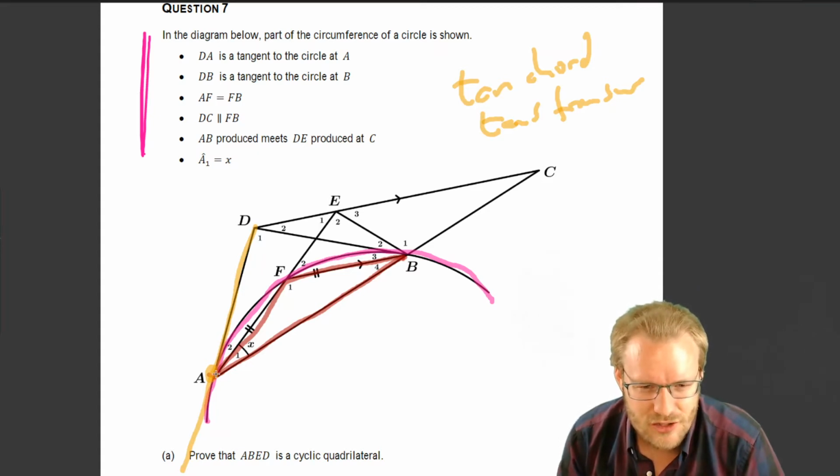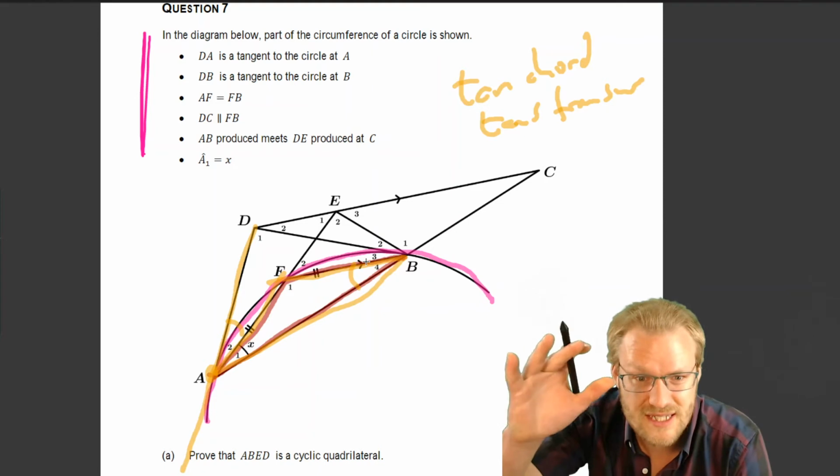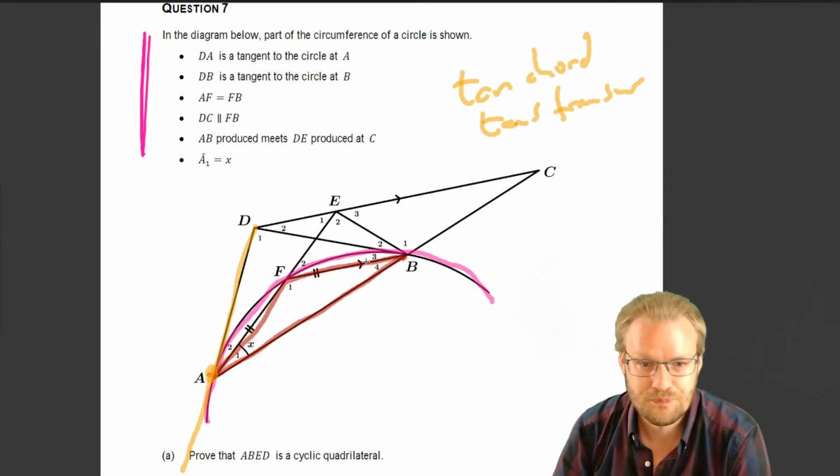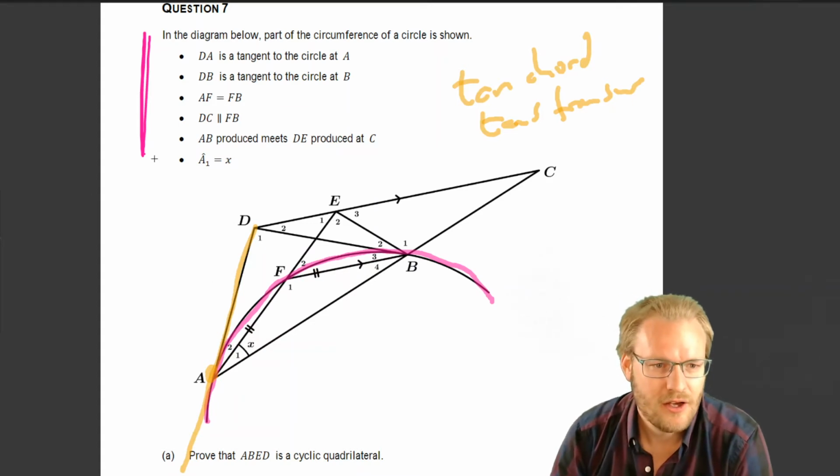Well, there's a tangent, there's a chord, so I could find, well, there we go. That angle's the same as that angle. Even if you haven't seen it yet, it's just there in the back of your mind. Okay, and I'm getting rid of this triangle because I don't know why it's there.